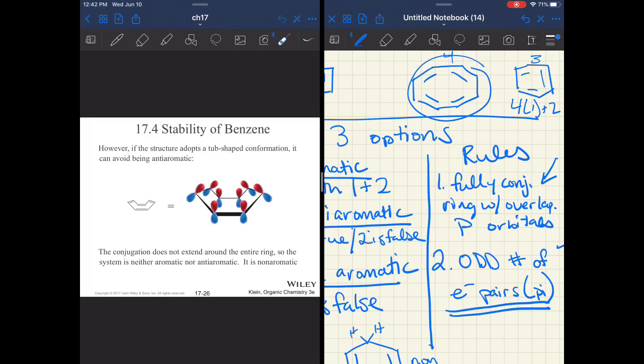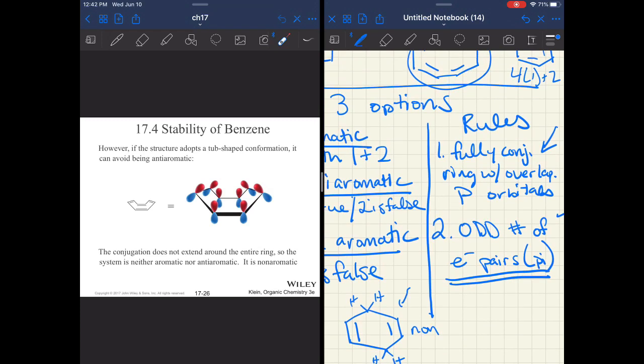Assuming it's planar, if possible, is it fully conjugated? For instance, in this example, this one, it's not possible to be planar. This carbon here is sp3 hybridized. It's tetrahedral. It's 4 sigma bonds. You can't change that. So it's non-aromatic.